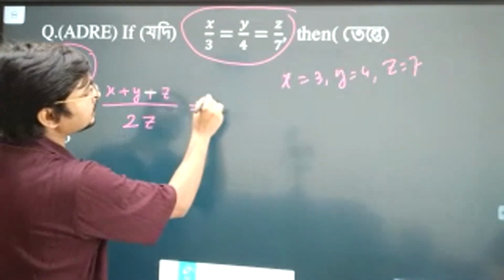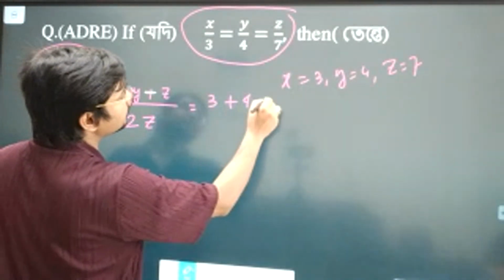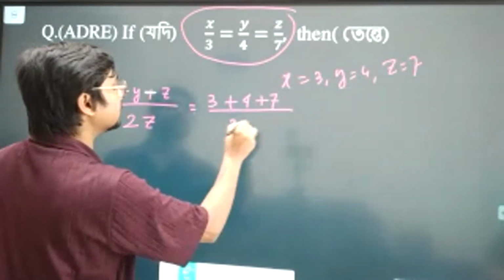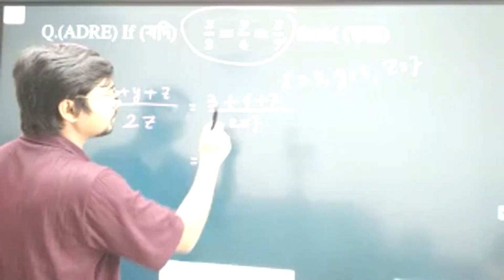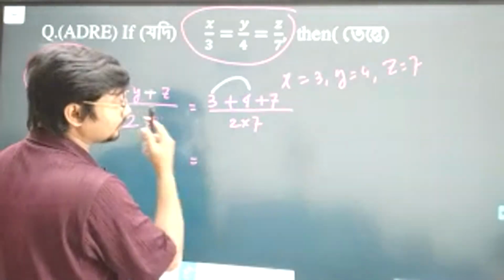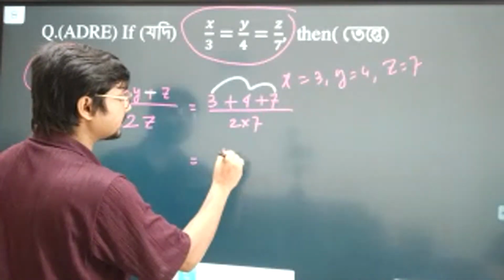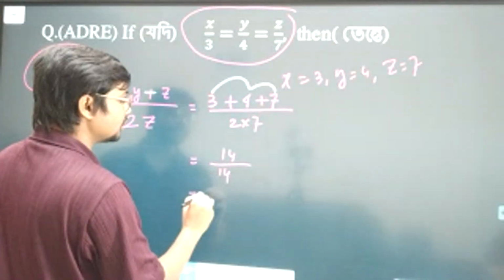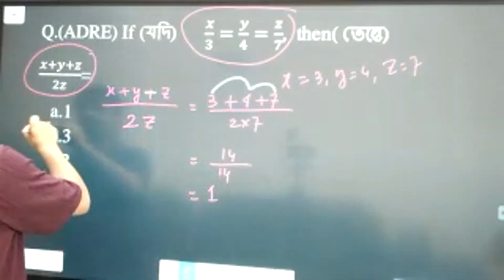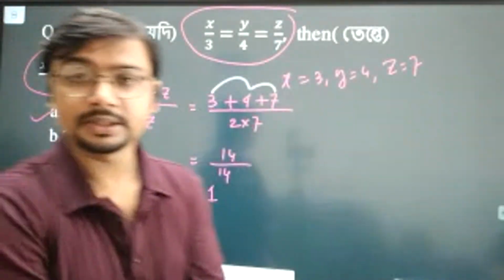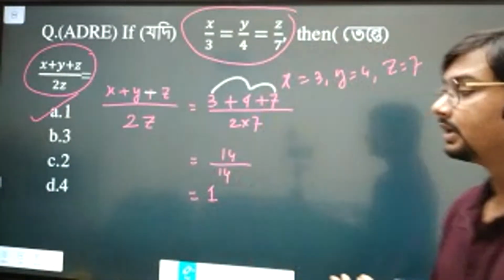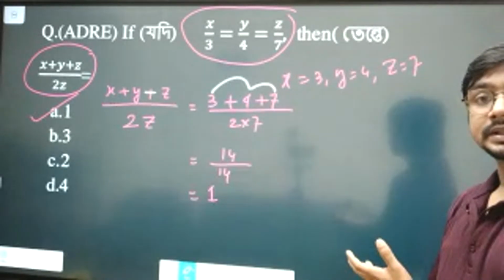So x means 3, y means 4, z means 7, divided by 2 into 7. So 3 plus 4 is 7, 7 plus 7 is 14, divided by 14. So it will be 1. So the first option will be correct. Is it okay? You see how easy it is, right? I think all of you can solve this type of question, guys.